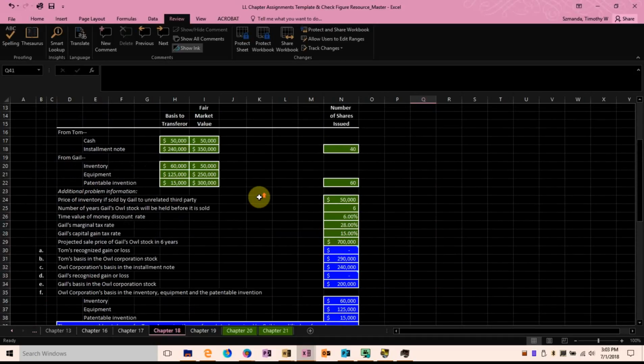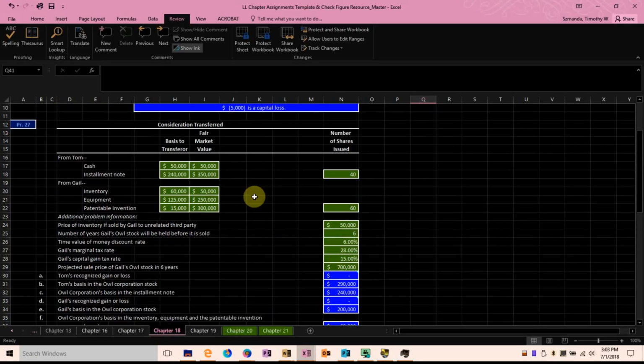Alright, so let's take a look then at problem number 27, and if you're interested in following along, this is in chapter 18, and it starts on page 1833. So in this example, we have two investors who are acquiring an interest in a corporation, and they're going to form Owl Corporation.